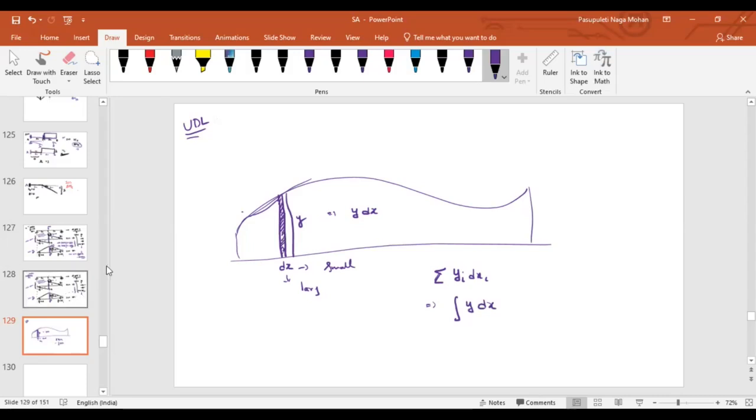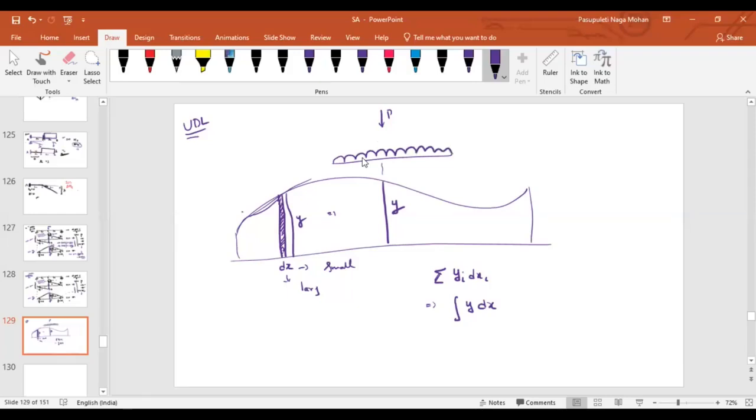Just like the same thing, if we have the point load P, then what we take, if it is ideal, is the corresponding ordinate, let us say y. But instead of a point load, we have a uniformly distributed load.